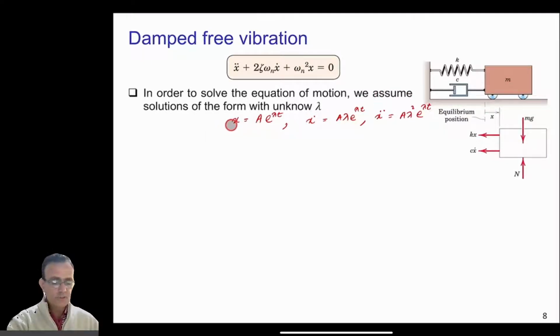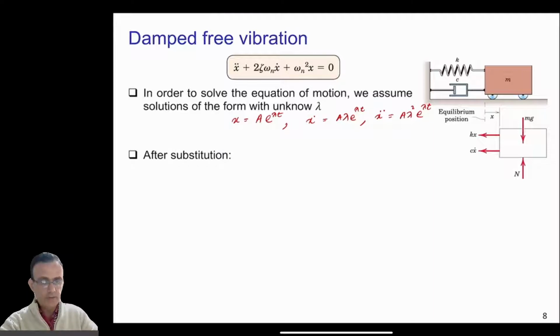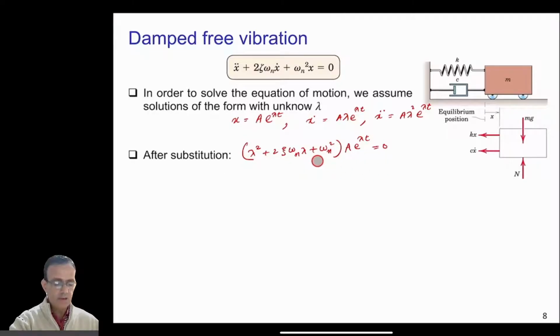If you substitute x dot and x double dot in this equation, the equation will become lambda square plus 2 zeta omega n lambda plus omega n square, times A e power lambda t, equals 0. So this is the equation that we get here.